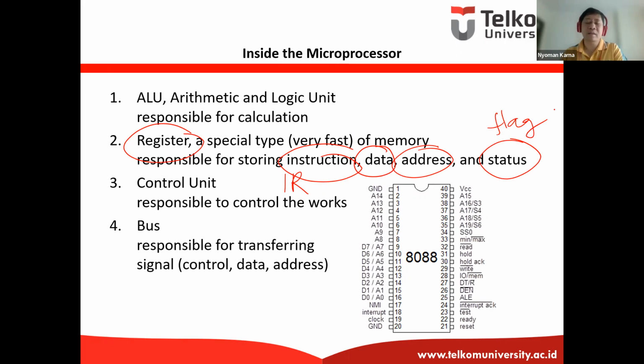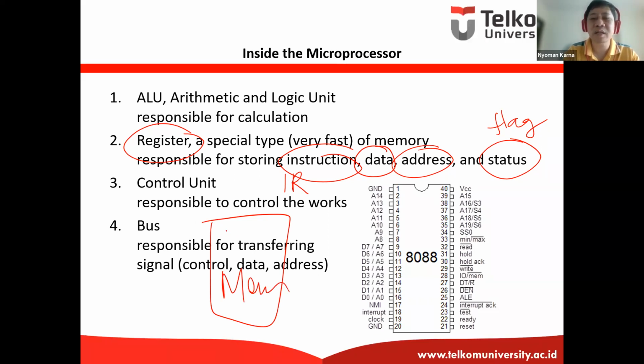Now, data and address can be used for the microprocessor to interact with the memory. For example, I want to calculate data. We understand that the data is very big. It cannot be stored in the register itself. So we can only store the data inside the memory, outside the microprocessor. This is the microprocessor, and then we also have the memory.